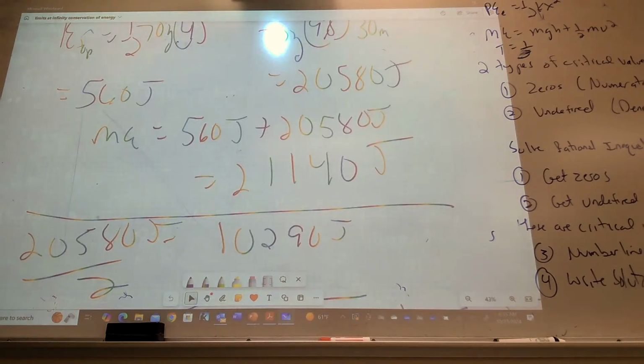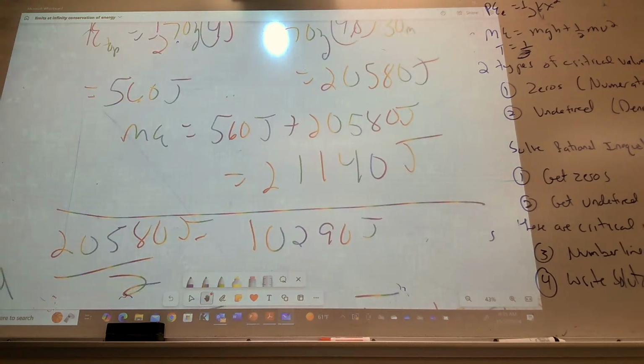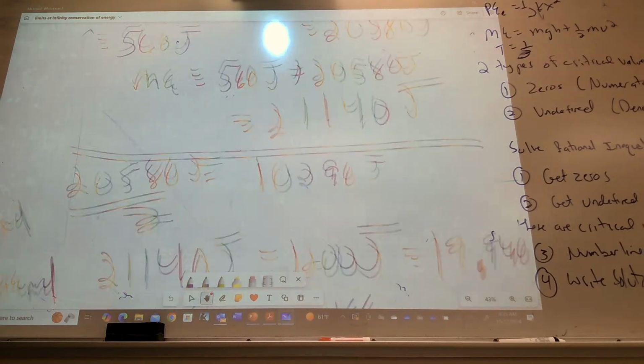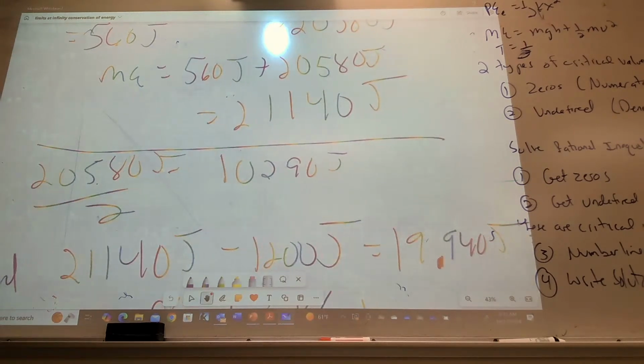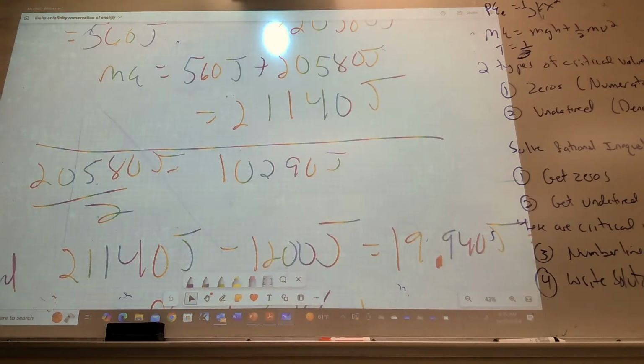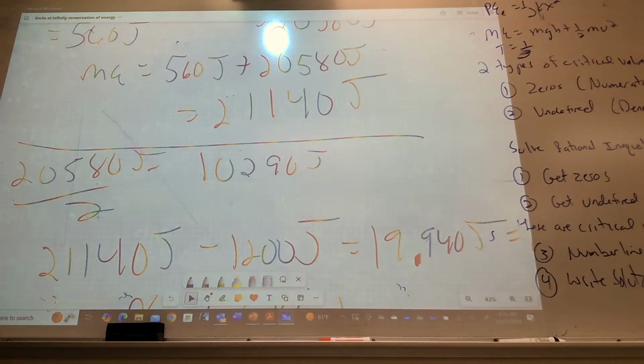So your potential energy in the middle is 10,290 joules, because it's half what it is at the top. For the mechanical energy in the middle, we subtract out the 1,200 and you get 19,940 joules. That's your mechanical energy in the middle.